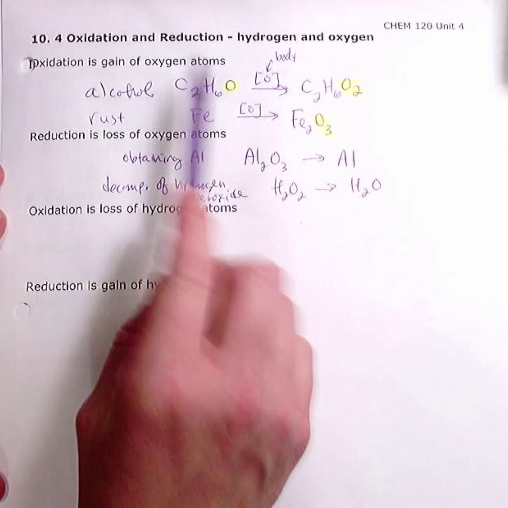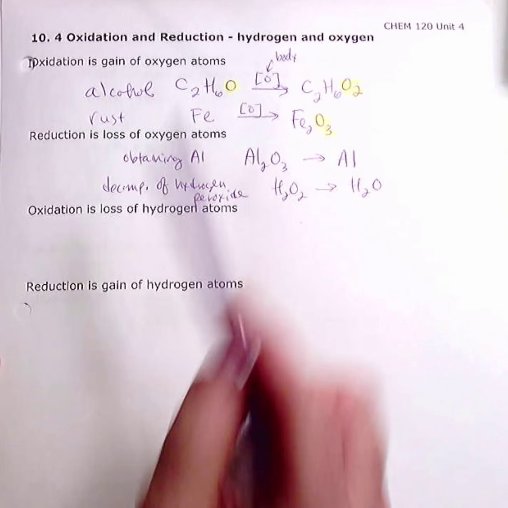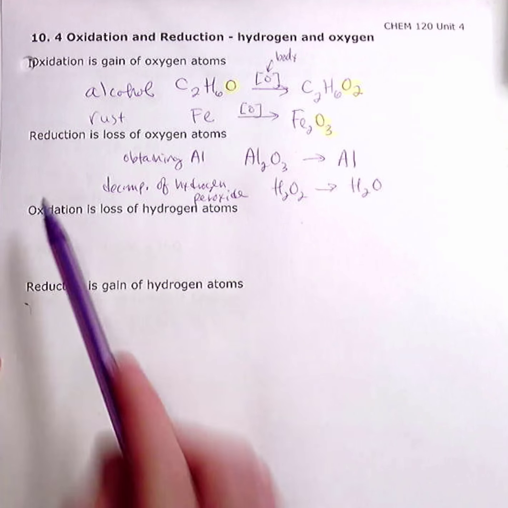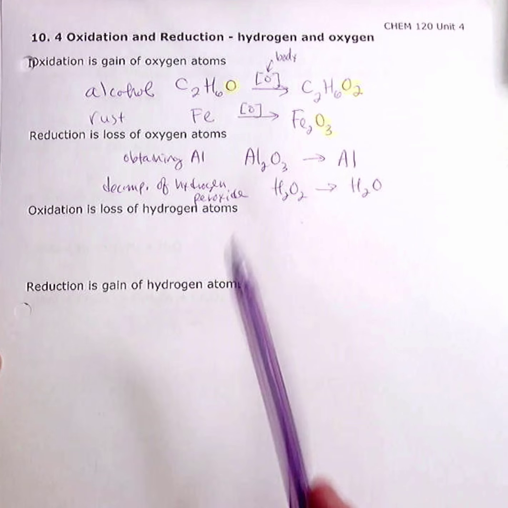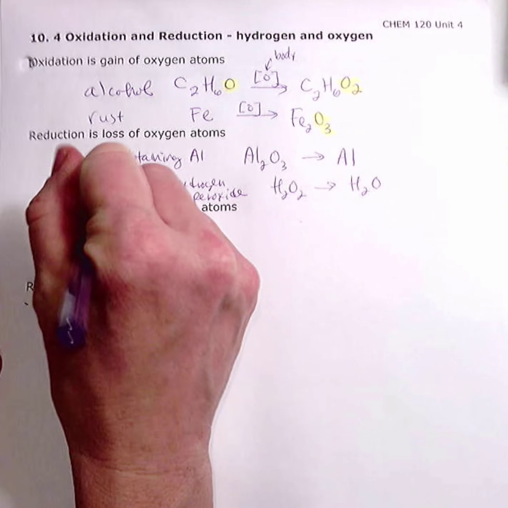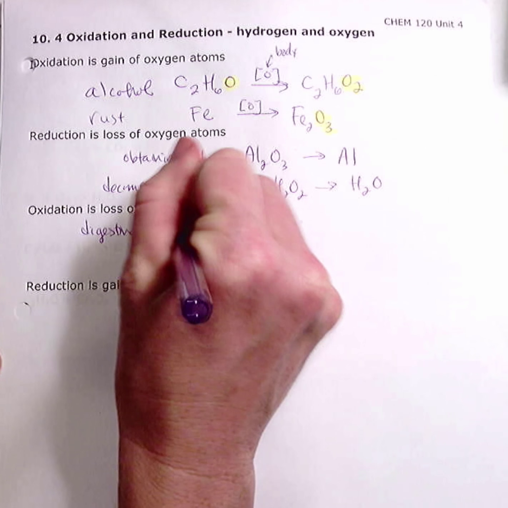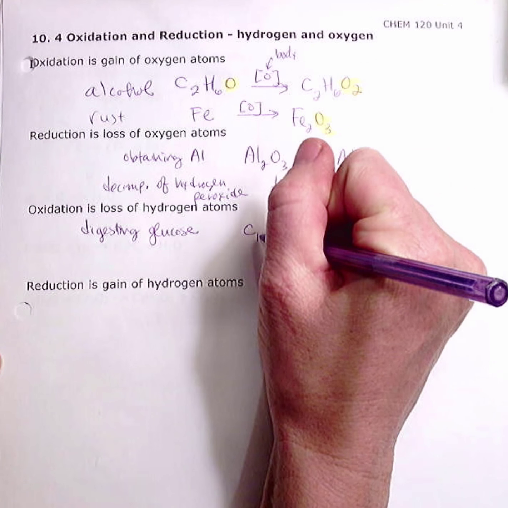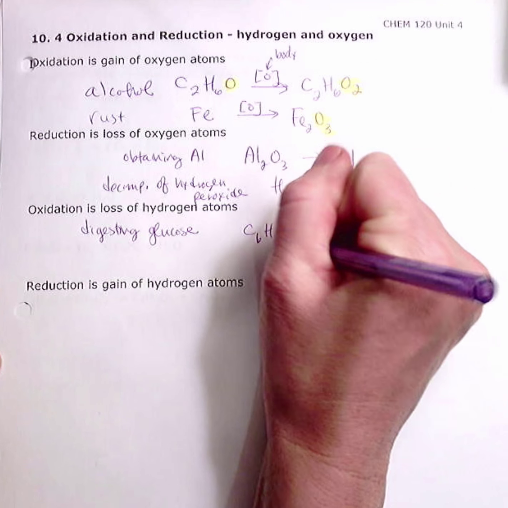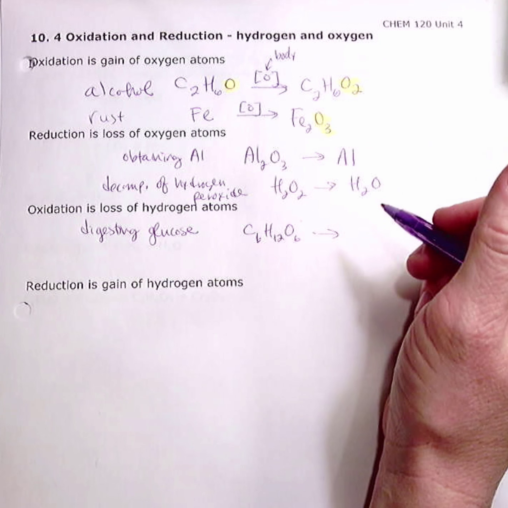Now, we've talked about oxidation and reduction in terms of oxygen atoms. Let's talk about it in terms of hydrogen atoms. So oxidation is the loss of hydrogen atoms. So digesting glucose, C6H12O6 going to CO2.